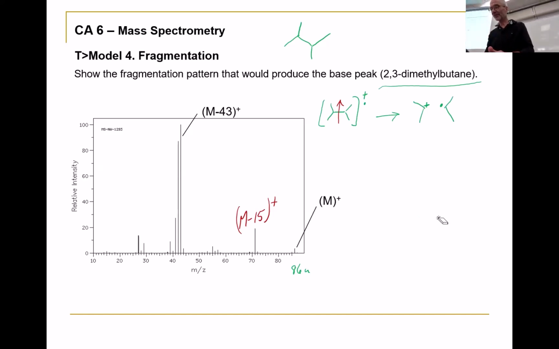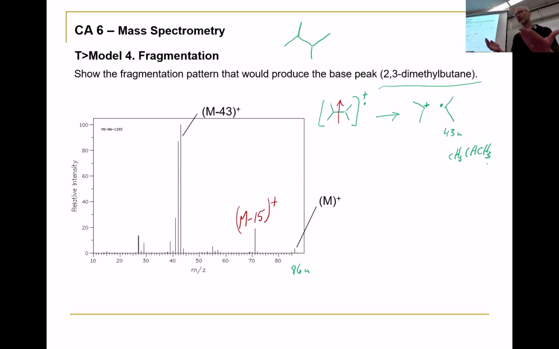And in this case, it's kind of like there's some symmetry in that the atomic mass unit for this particle is 43. And if you're not convinced, I can write CH3, CH, CH3.